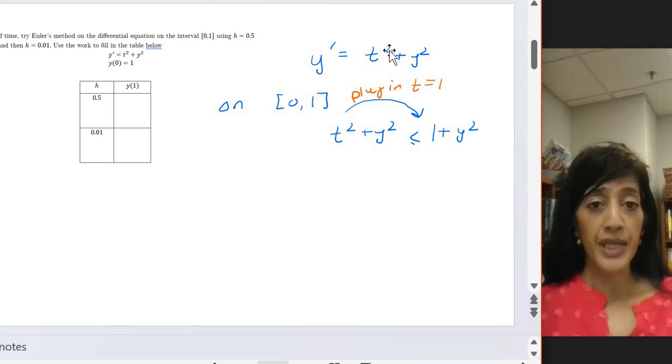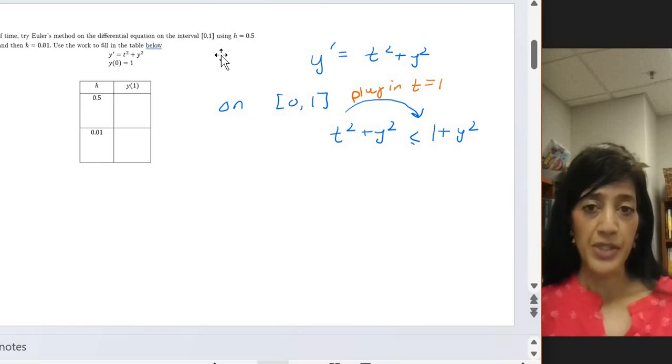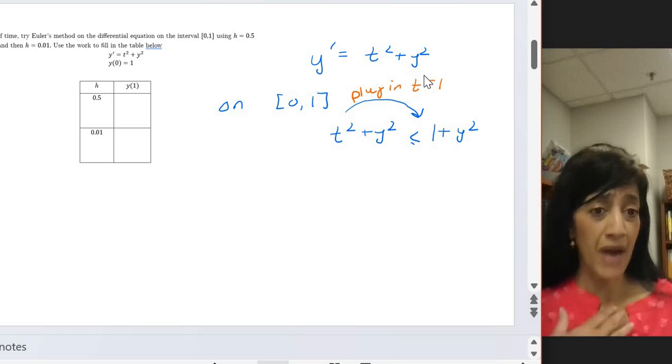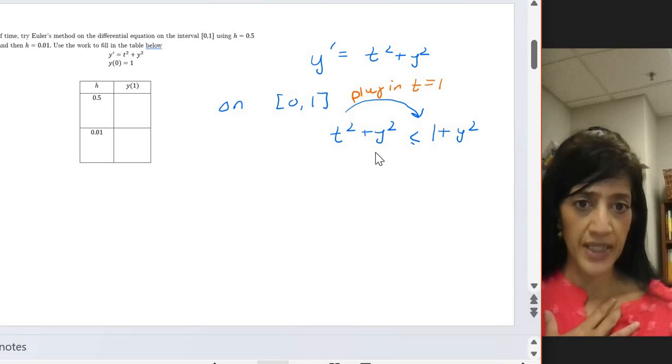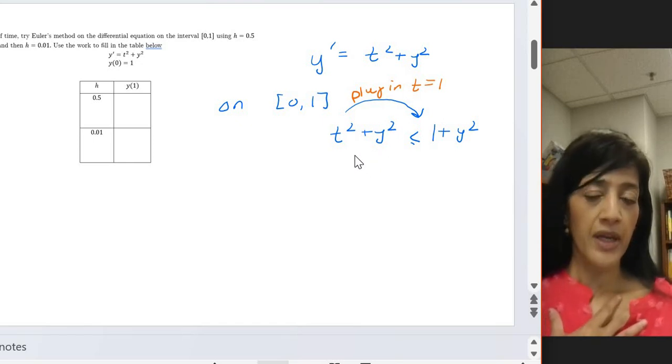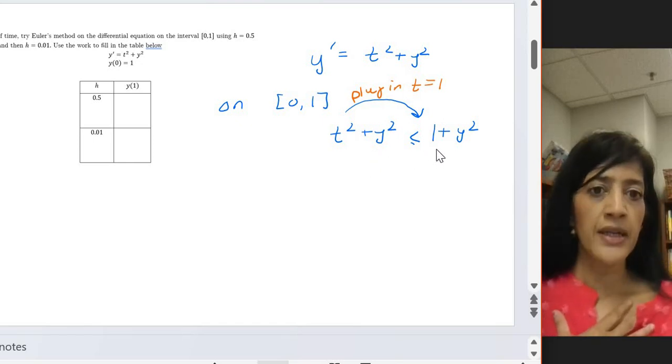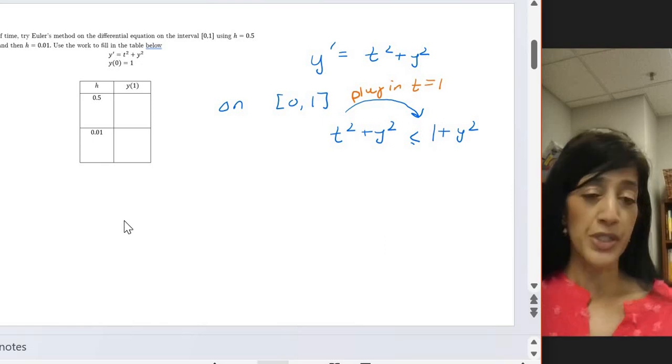And on the board, I'd shown you that if I plug in t equals 1, which is the upper right-hand limit, because I really just want to integrate this from 0 to 1, then the right-hand side of my differential equation, which I don't want to integrate because it's yucky, and I don't really know how to integrate that, is bounded above by 1 plus y squared.